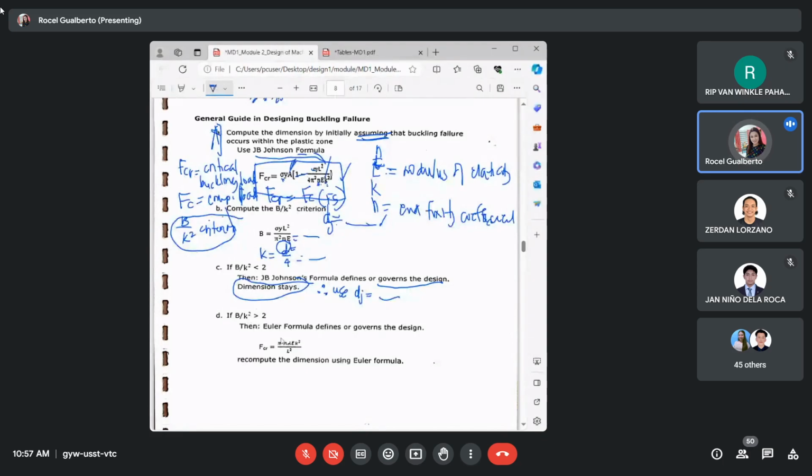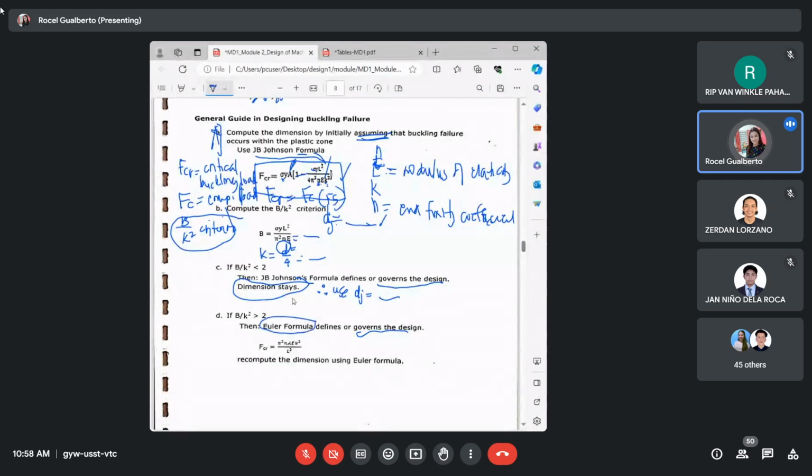Then, the Euler formula defines or governs the design. Okay? So, ibig sabihin po, failure is not at the plastic zone, but rather it is at the elastic zone. Okay? Kaya ano pong gagawin? It is not correct to use the JB Johnson. Okay? What is more appropriate is the Euler formula.